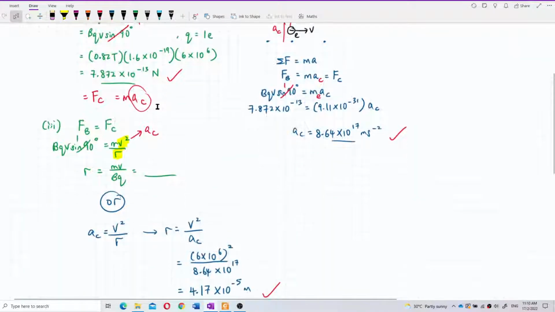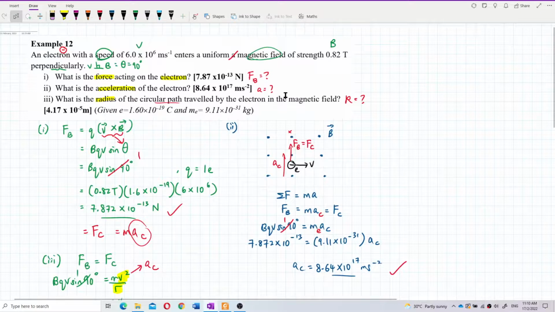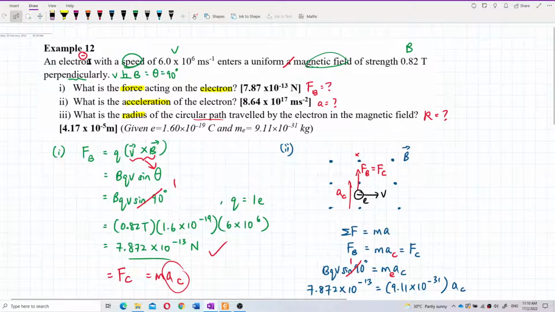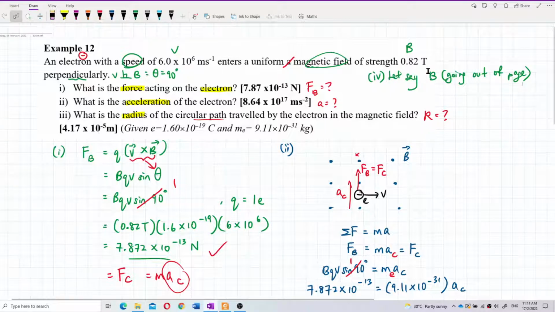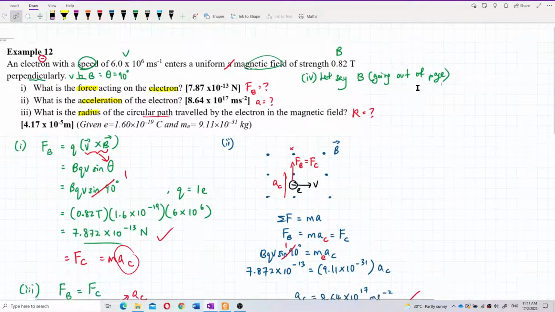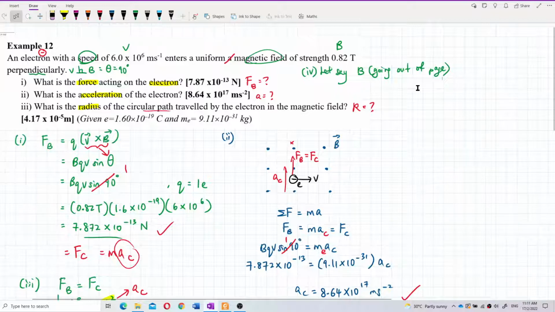I want to add one more question about directions. Since this is a negative charge electron, it is a good time to ask this question. The fourth question: let's say the magnetic field is going out of the page.